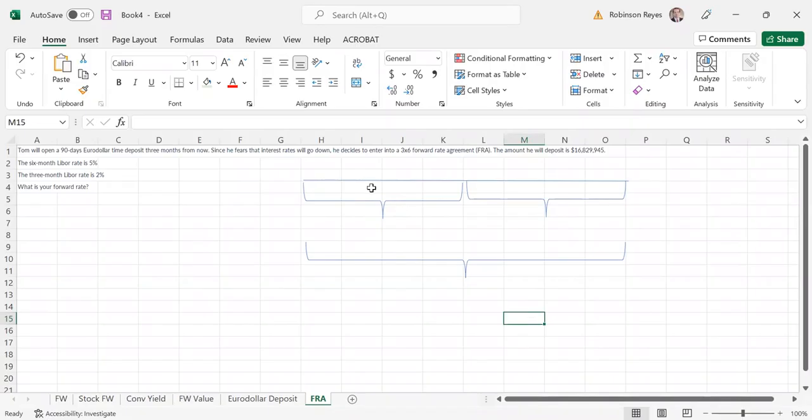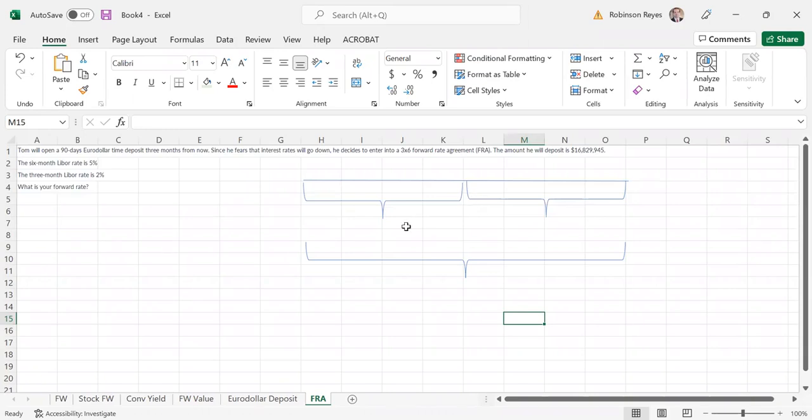euro-dollar time deposit, and then when that time deposit reaches maturity, we could roll it, or in other words, get into another one. We could deposit it again in another 90 days euro-dollar deposit at that point in time.